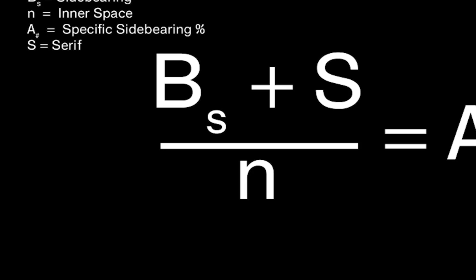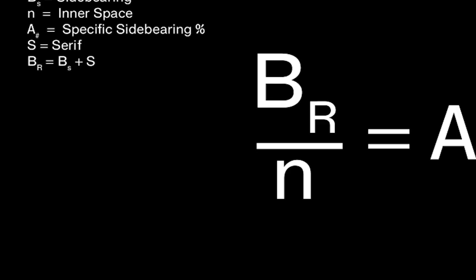So it's bearing plus serif divided by our inner space, which is very similar, just a hair different, right? And then to keep our brains a little simple, we just named it bearing Roman over our inner space.